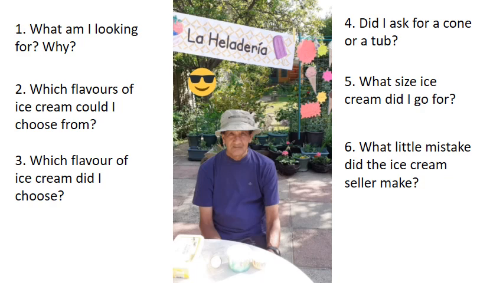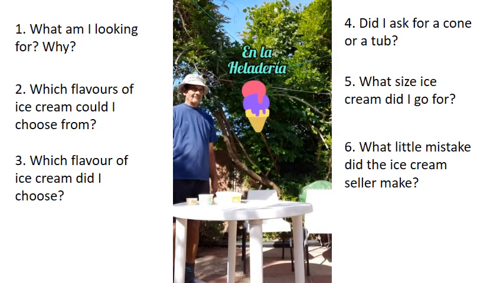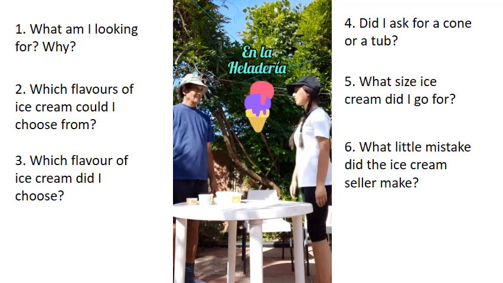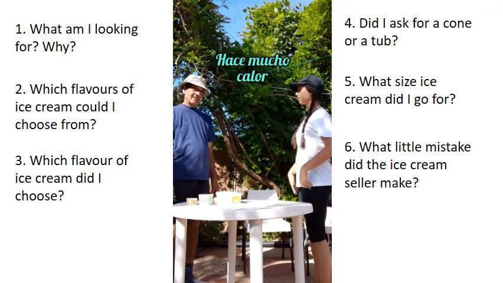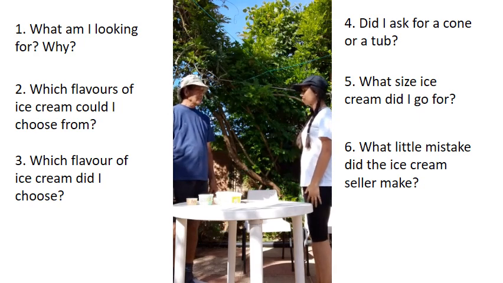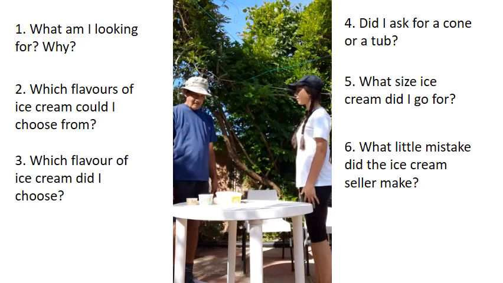Está aquí la heladería. ¡Qué bien! Ah, mira, estos son los helados. Buenos días, señor. Buenos días. Hoy hace mucho calor. Sí, hace mucho calor. ¿Qué querés? Quiero un helado, por favor. ¿Qué tienes?